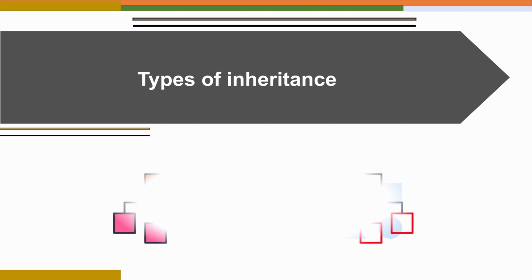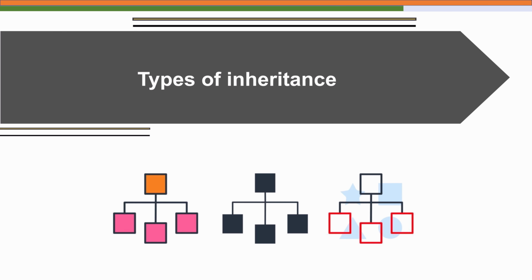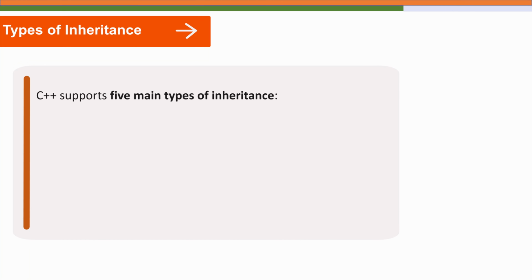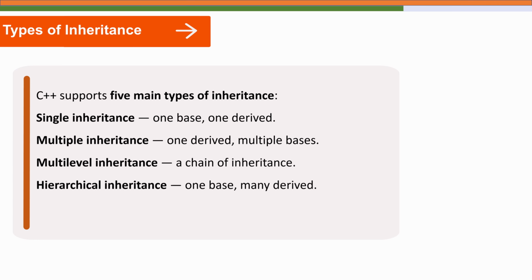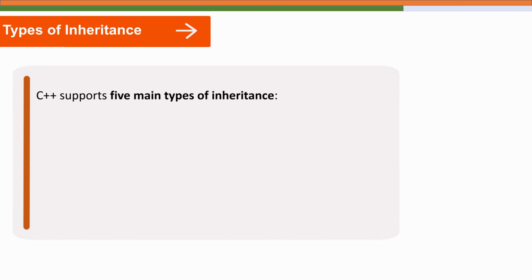So now let's explore the different types of inheritance in C++. The various ways one class can inherit from another. Inheritance allows us to represent real-world hierarchies and to reuse existing behavior instead of reinventing it. But depending on how many base classes and derived classes are involved, inheritance can take several forms. Each, you can say, is suited for a specific design need.